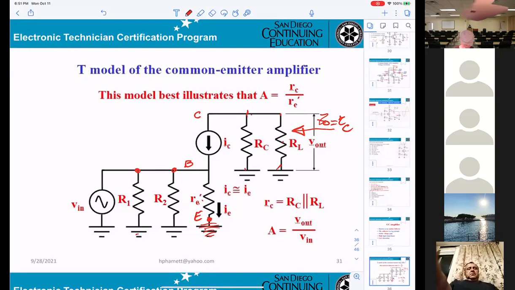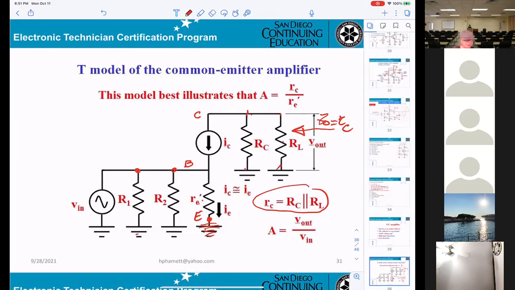So to calculate the output resistance, you take RC parallel with RL: RC times RL divided by RC plus RL. That is the first thing they want.